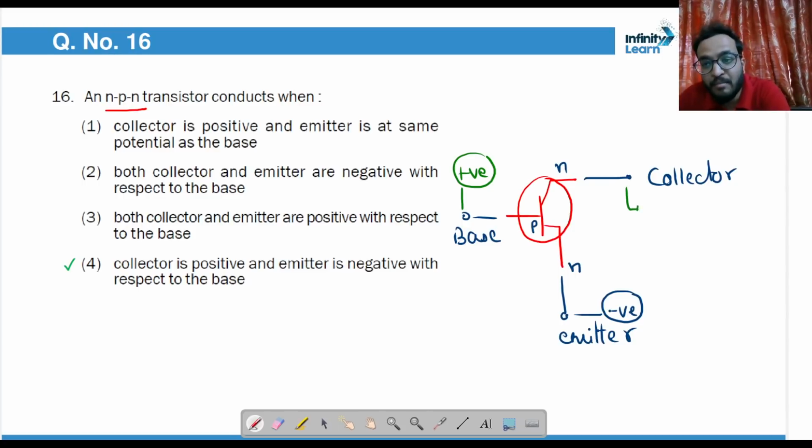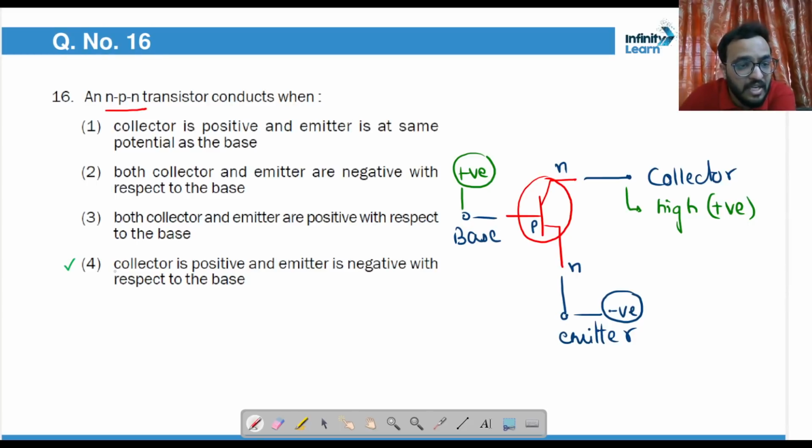So this will be high positive as compared to base, so then it is reverse bias, right? So we will say that emitter is negative, base is positive, and collector is positive as compared to base. Let's see whatever I'm saying, let's see if it matches somewhere or not.